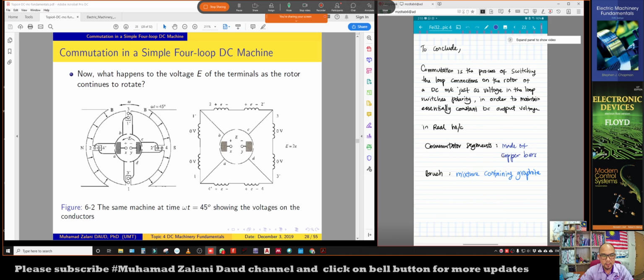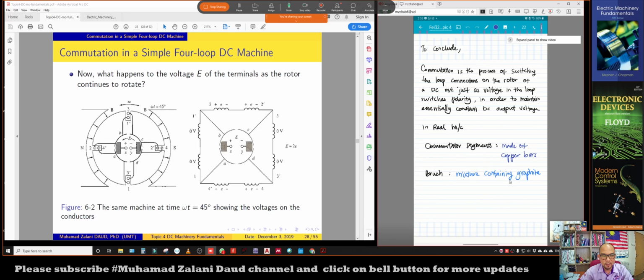If you disassemble a DC machine, for example a DC motor, and take out everything, you'll see that the commutator segment is basically made of copper. And also the brush is a mixture containing graphite, which is carbon. That is why sometimes we call it a carbon brush. It is made of graphite, which is a durable material that can last longer.